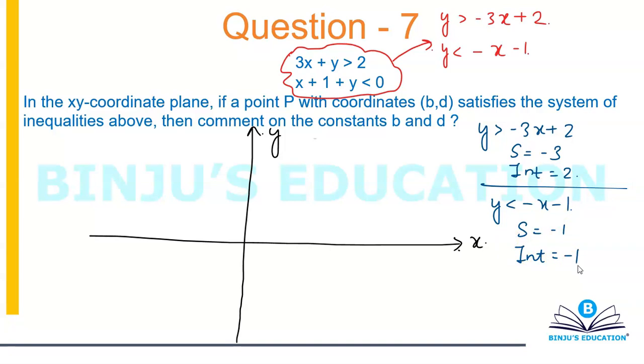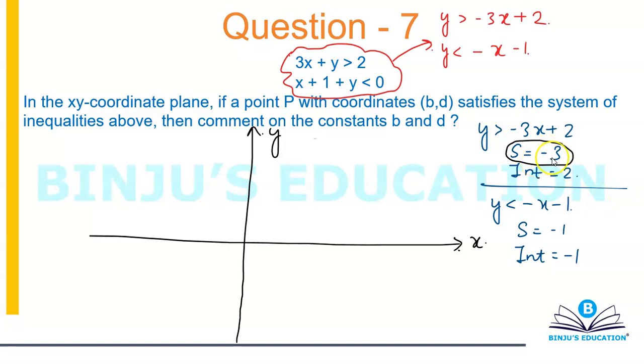Now the interesting thing which you need to note down here is that the one that has a more negative slope has a greater intercept.